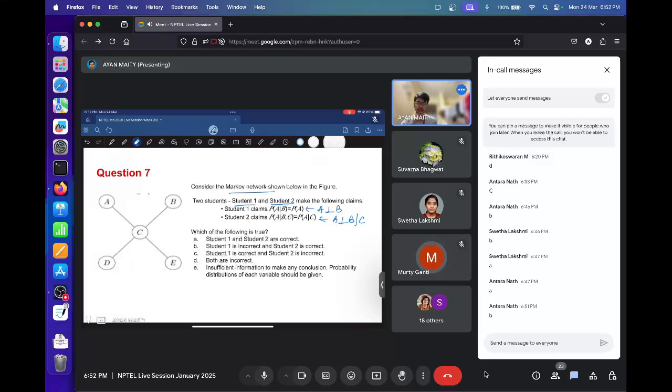Antaranath says option B. Option B is 1 is incorrect, 2 is correct. Okay. Shweta Lakshmi says option B.